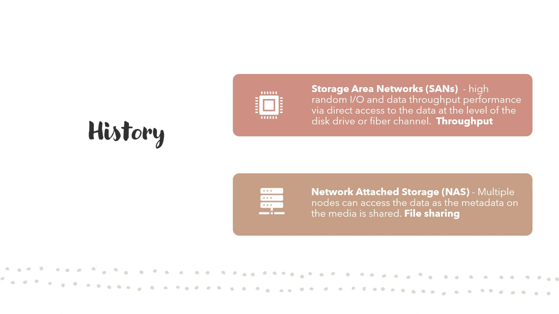That is why it is easy to use network attached storage when we want to scale the storage capacity that we have on our machine. Either a SAN or a NAS can be used, but typically NAS will be used when we want to do file sharing across nodes. The biggest benefit of using SAN is throughput, and the benefit of using NAS is file sharing.